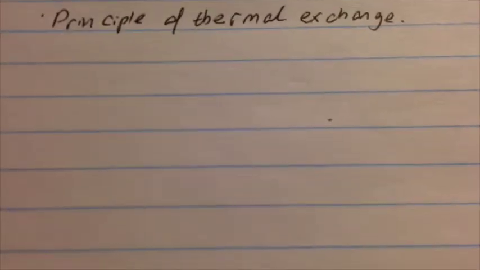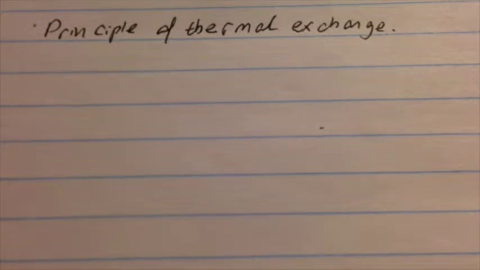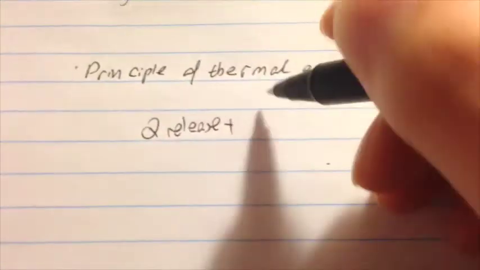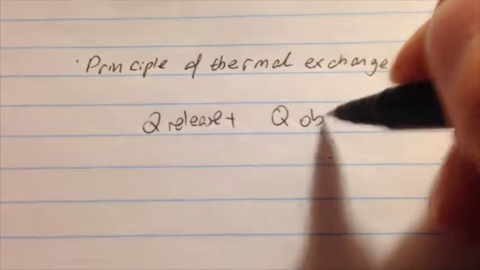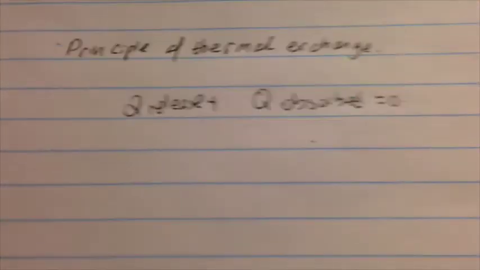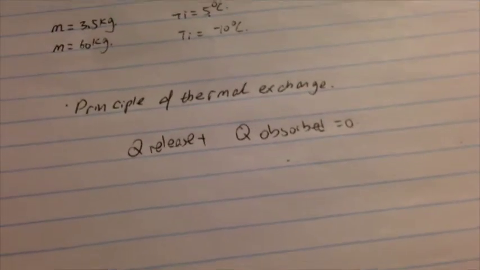This means that the warmer object transfers thermal energy to the colder object until both objects have the same temperature. So the equation of the principle of thermal exchange would be this: Q release plus Q absorb equals 0. In this case, the snowboard is the releasing source because it has a higher temperature.